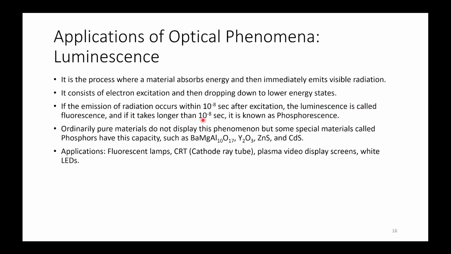And if it takes longer than this time, it is known as phosphorescence. Ordinarily pure materials do not display this phenomenon, but some special materials called phosphors have this capacity, such as barium magnesium aluminium oxide compounds, Y2O3, zinc sulfide and cadmium sulfide.